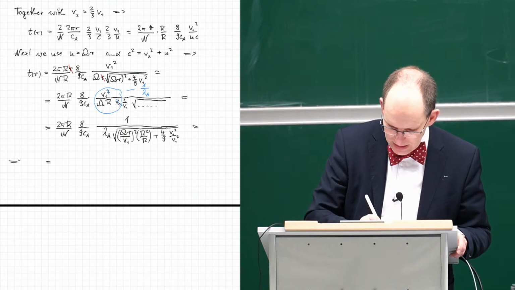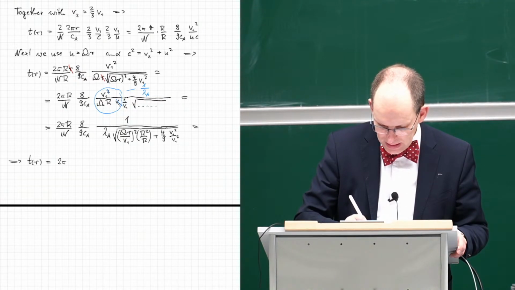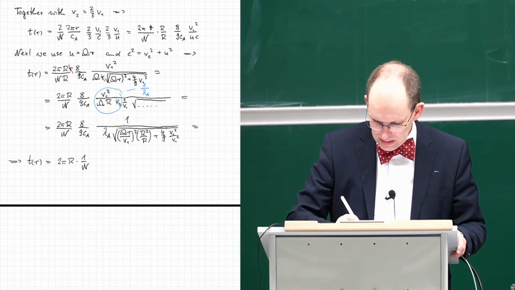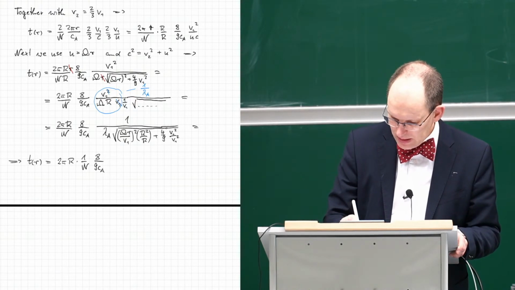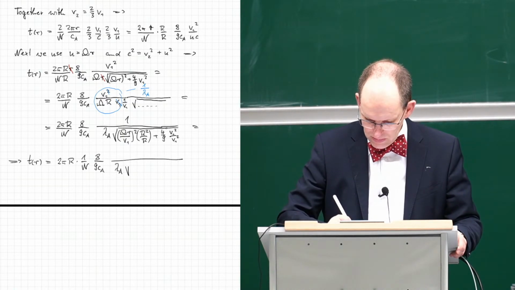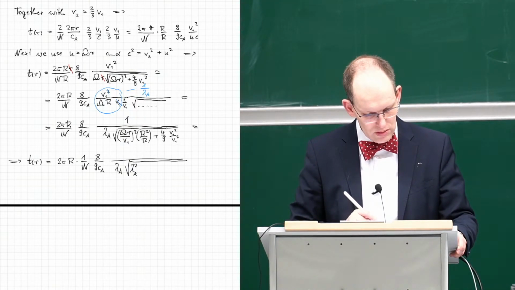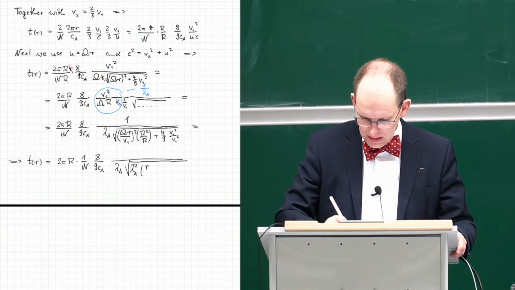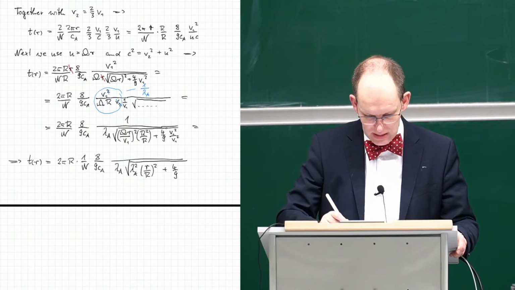So what we get finally is that TR is equal to 2 pi R times 1 over n times 8 divided by 9 times the lift coefficient, and then the tip speed ratio multiplied with the square root of the tip speed ratio squared times R squared over capital R squared plus 4 over 9.